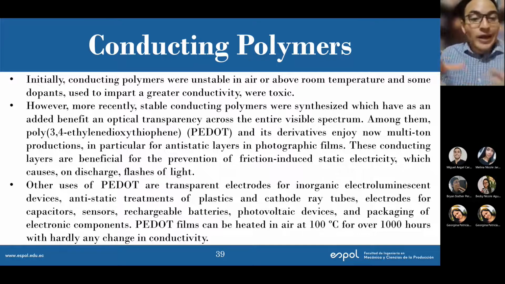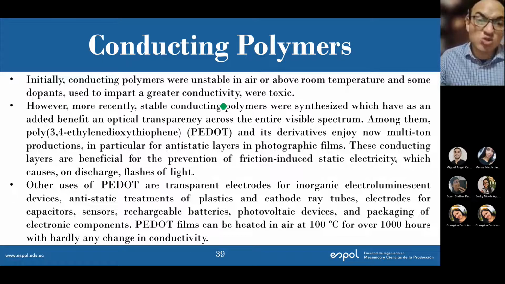Where are these polymers used? Well, for a lot of things. Some of the uses are friction-induced static electricity. That's probably the most typical use of these conducting polymers. Then we also have inorganic electroluminescent devices, anti-static treatments of plastics, cathode ray tubes, electrodes for capacitors, for sensors, rechargeable batteries.